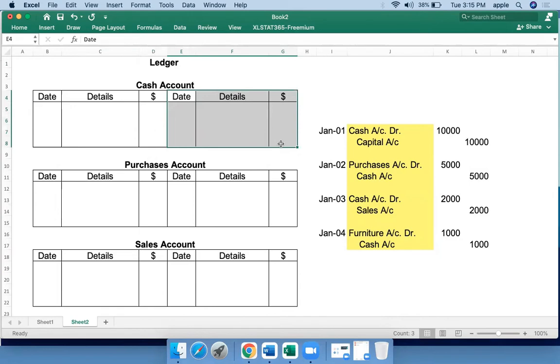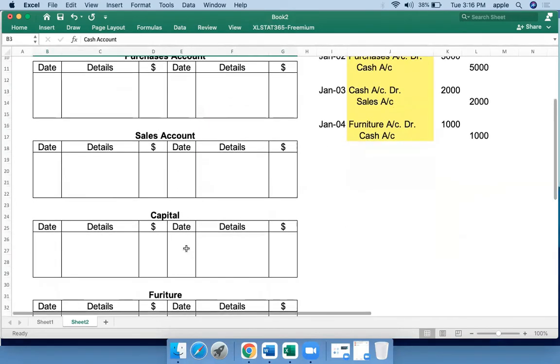Credit, yes. This is the account. It has two sides: from here to here debit, and from here to here credit. Got it? The same thing will apply for other accounts also.